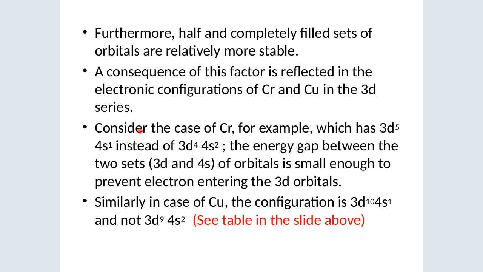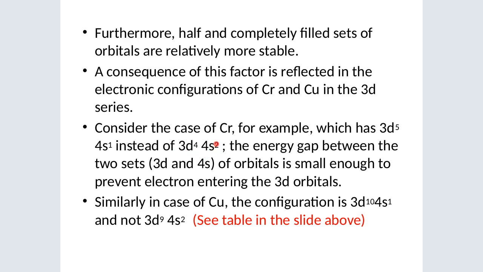For instance, consider an element like chromium, which will have a configuration of 3d5-4s1 instead of 3d4-4s2, because it's the s orbital that is supposed to be filled first before the d orbital is filled.